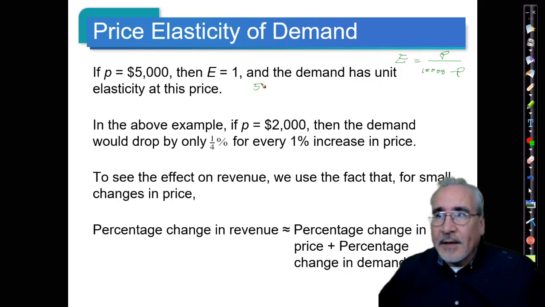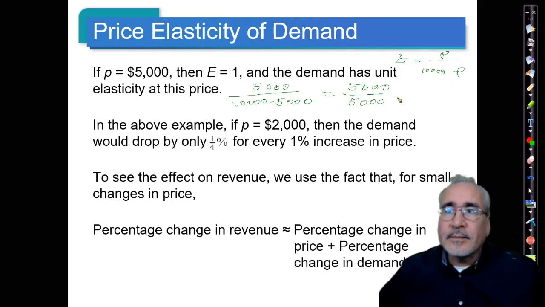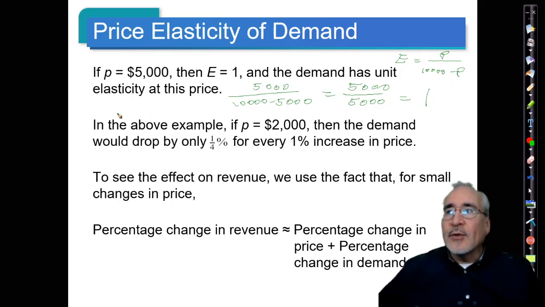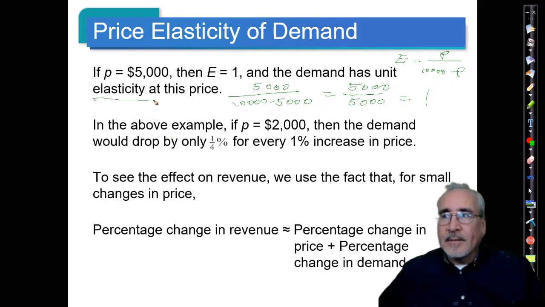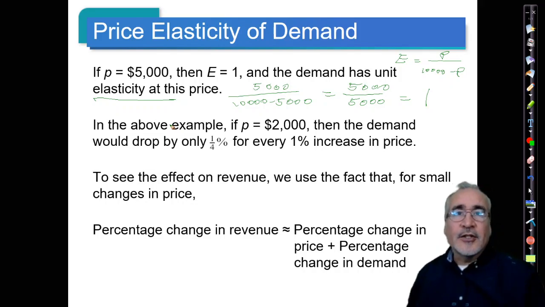So we get 5,000 over 10,000 minus 5,000, which is 5,000 over 5,000, which equals 1. So it means at this price we have unit elasticity. And we're going to see that that oftentimes is the price we're going to shoot for.